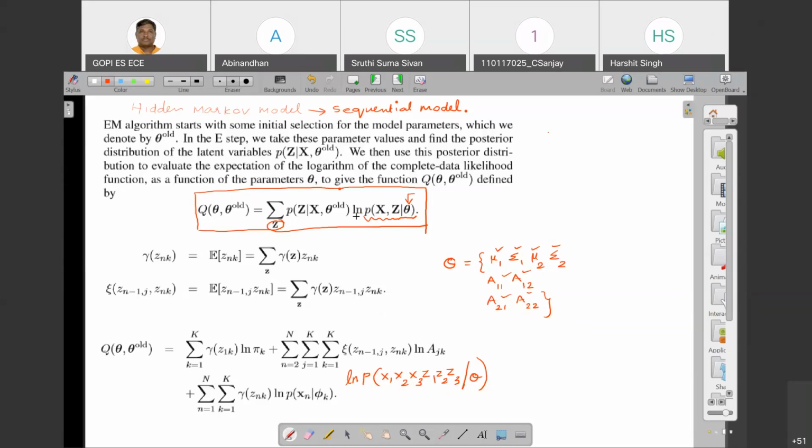So we are introducing this ln because it's an increasing function. We wanted this to get maximized in the average sense.